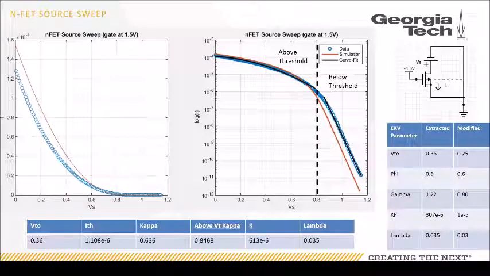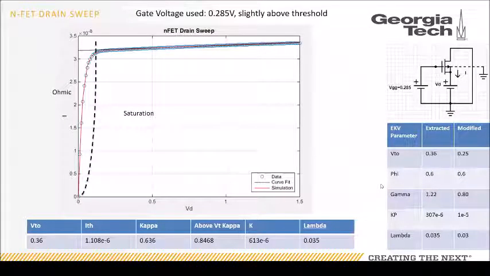This is probably because our threshold voltage isn't low enough, because we are extracting our threshold voltage based on above threshold curve fits. So maybe if we extract our threshold voltage with below threshold curve fits, then the curve will fit better.